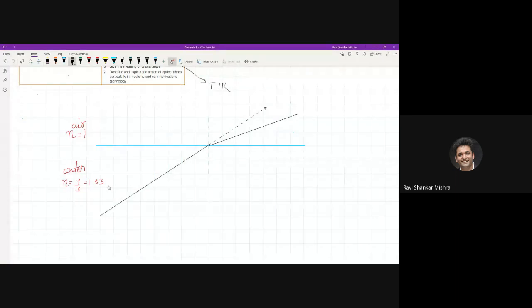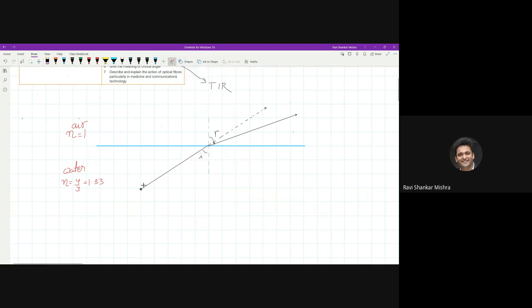Okay. Now, let us suppose in this case the light ray was going from a denser to a rarer medium, and I have taken this point. This is the angle of incidence and this is the angle of refraction.